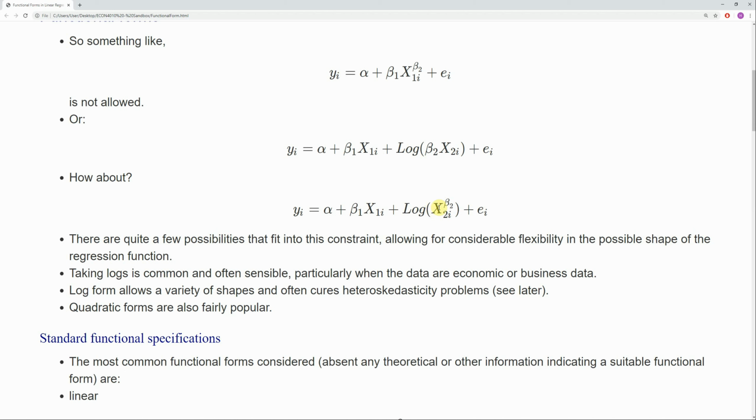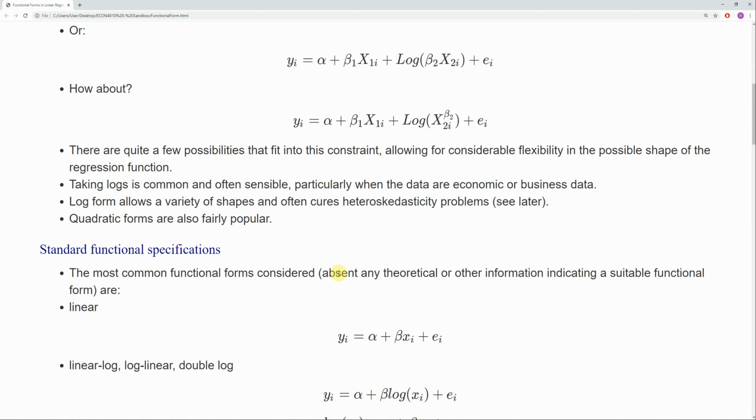A lot of times log transformation is the common transformation that we deal with in economic or business data. Also, we deal with quadratic forms of our data, like x. If we have a vector of x1, we could also have x1 squared on the right-hand side presented in our formula.